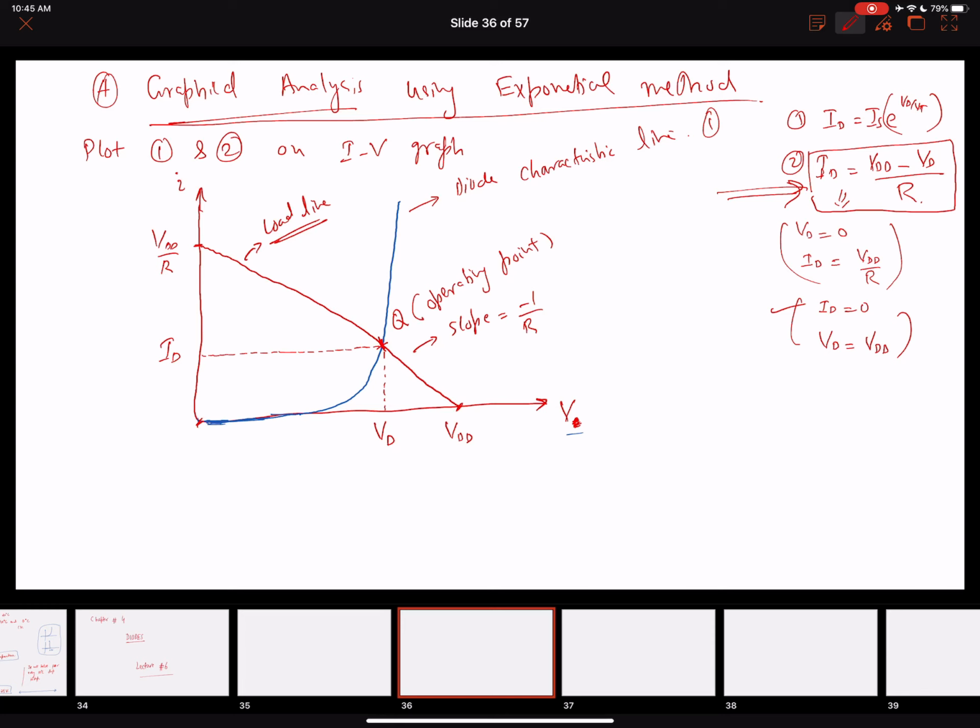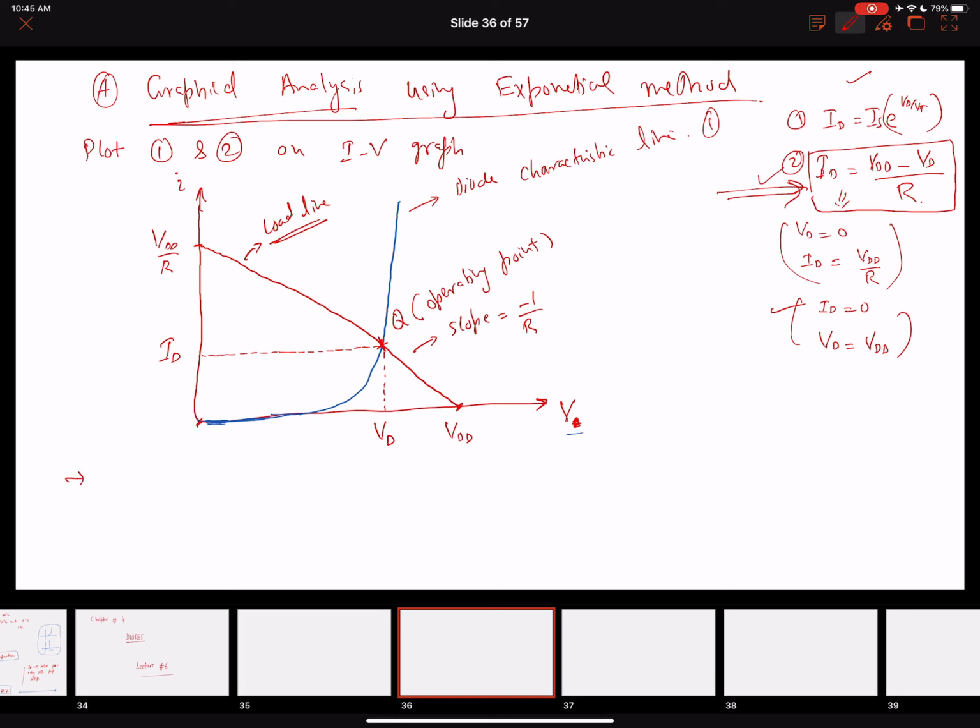In order to solve diode circuits using a graphical method, we do two things. One, we plot both of these equations, this exponential equation and this linear equation, on an IV graph, and then we find the point of intersection. That point of intersection will give us the value of ID and VD that we are looking for.